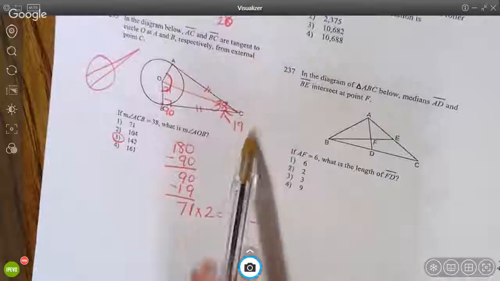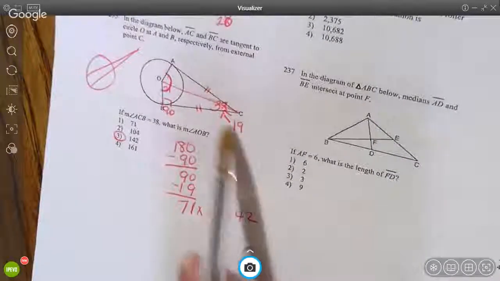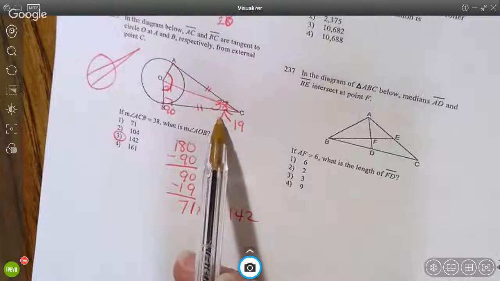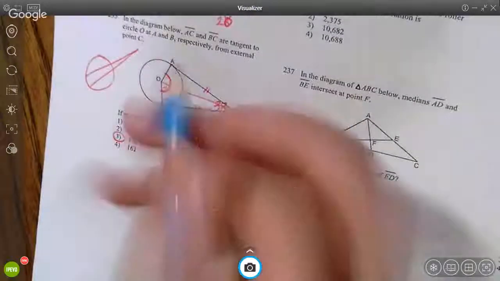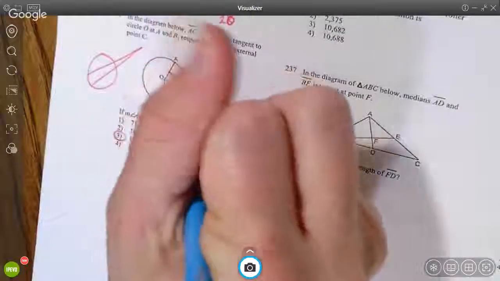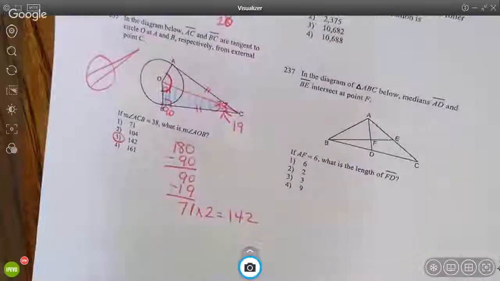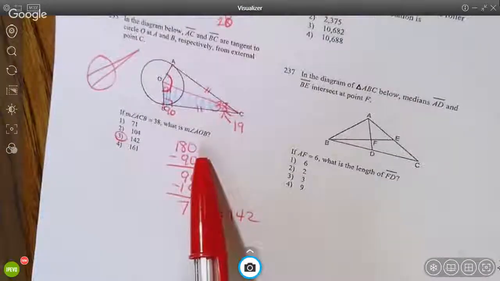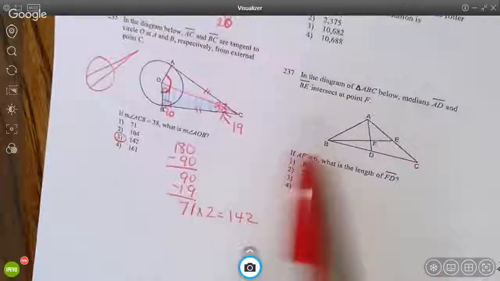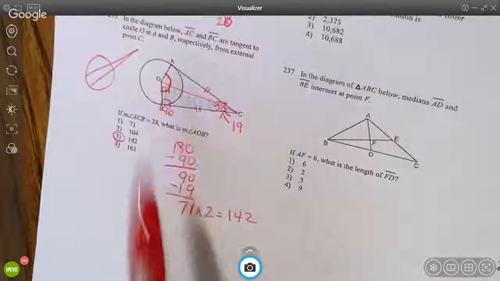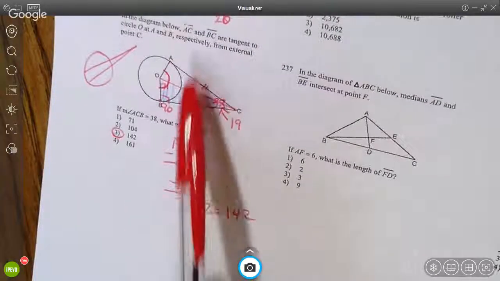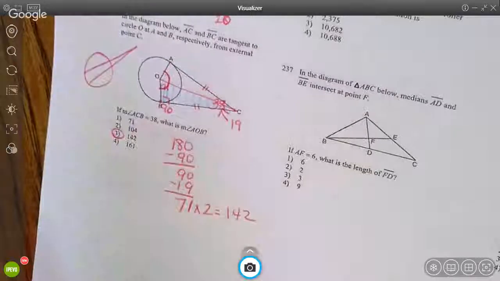So since this whole angle is 38, half of 38 is 19. Then I did this triangle right here, 180 minus 90 minus 19 meant that this angle here had to be 71. Because these two angles are the same, 71 plus 71 gives you 142.